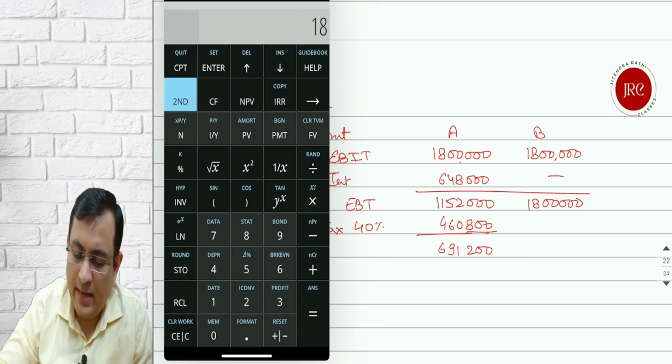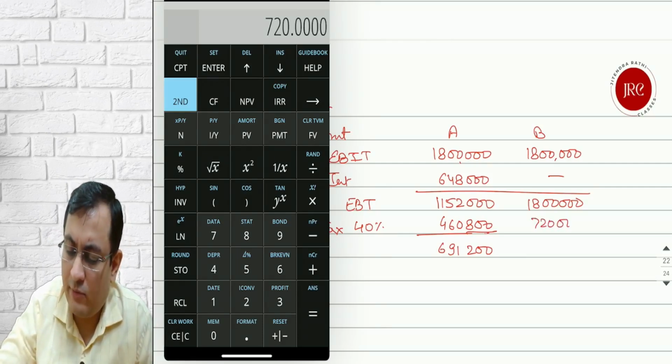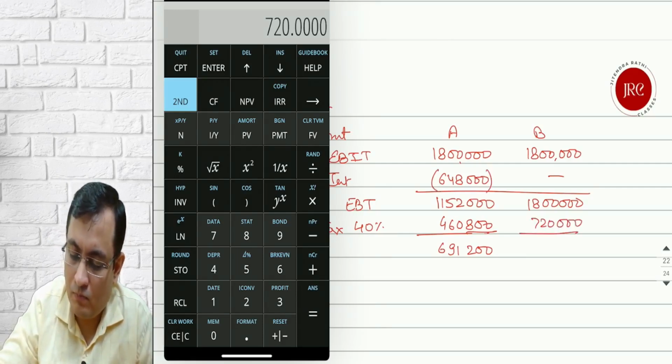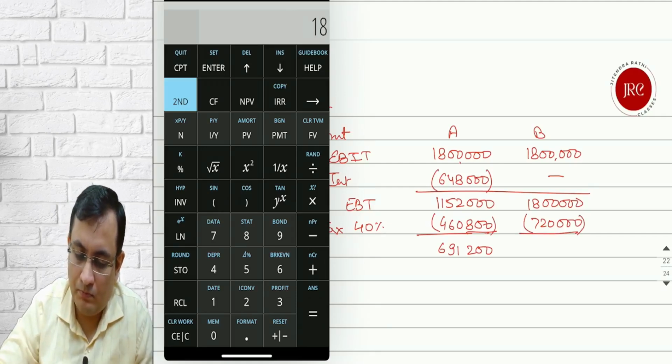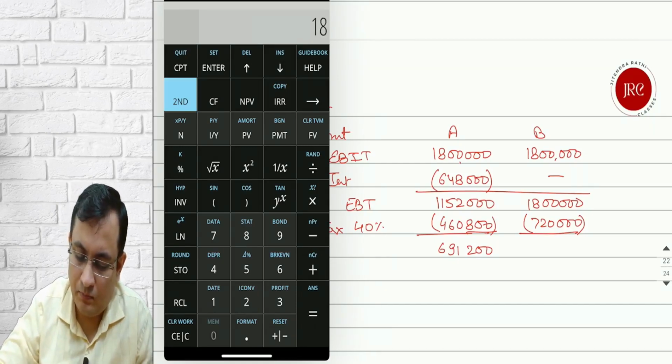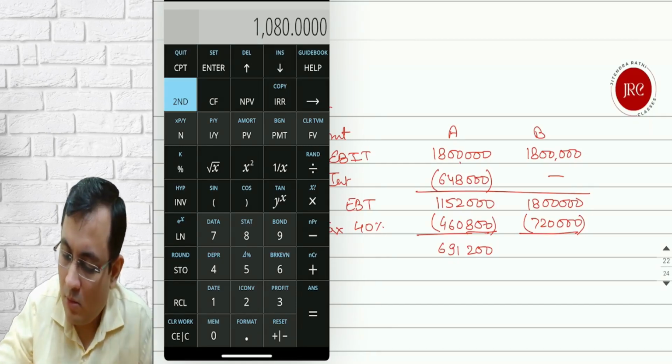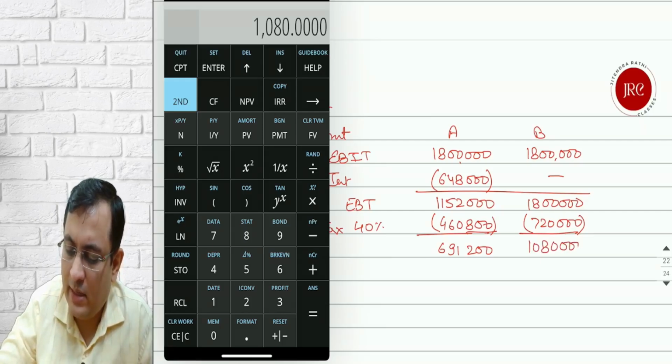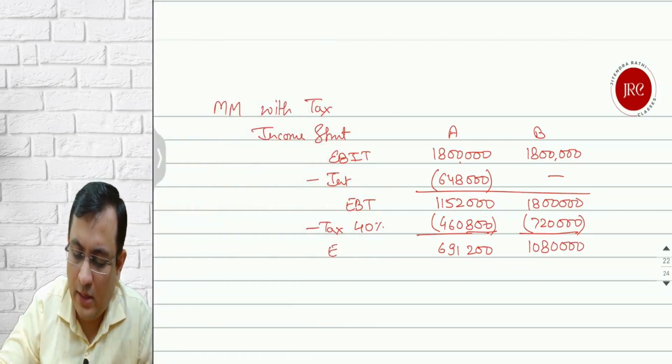In case of 18 lakhs, 720 tax you have to pay, negative. So net is 1080, the earning after tax for your equity holder.